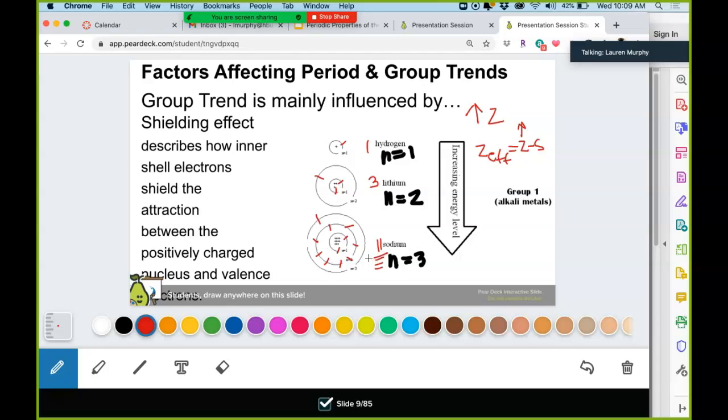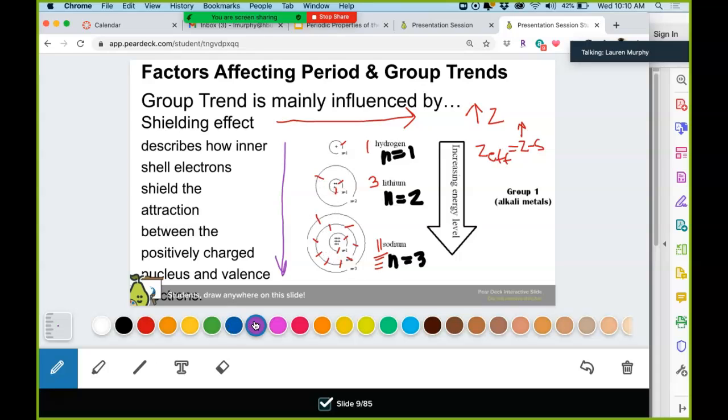And I just told you that the more protons you have, the stronger they pull on the electron and shrink the atom, which is true as you maintain the same number of rings, like when you go left to right. However, when you go down, you are gaining more and more shells of electrons. This guy has 1 shell, this guy has 2 shells, this guy has 3 shells.